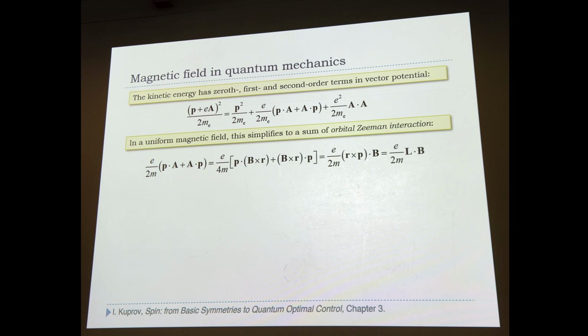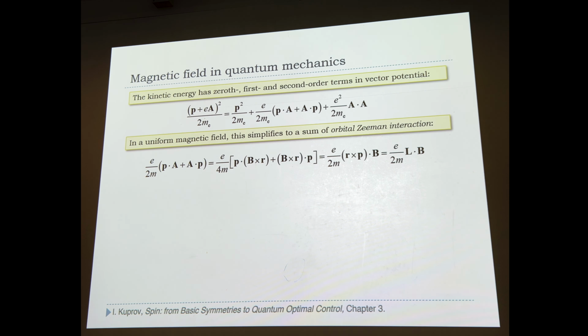Okay, if we look at something simple, let's take something very elementary, like just the uniform magnetic field. So we put the vector potential of the uniform magnetic field, so B cross R over 2, so this becomes 4, this is B cross R this side and that side, and then we just work through the mathematics in here.